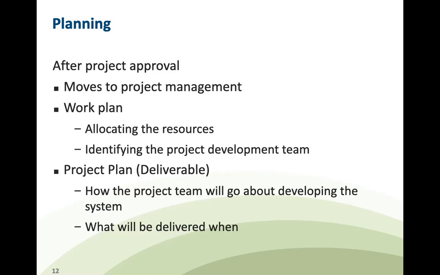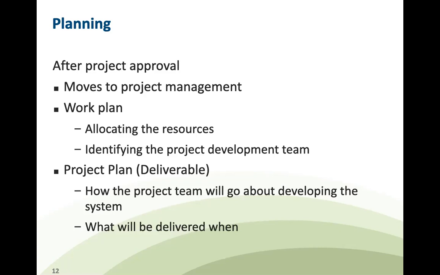There you have to come up with a work plan. Within the work plan, you have to allocate the resources and identify the project development team. Who are the people who can build this project? And what are the resources that we should allocate for this project?